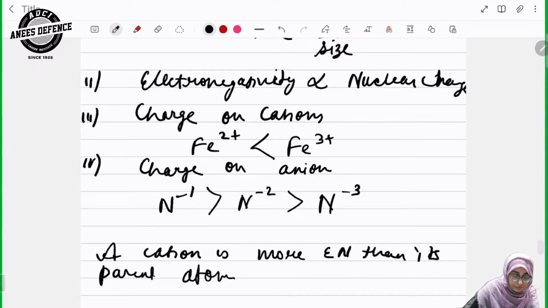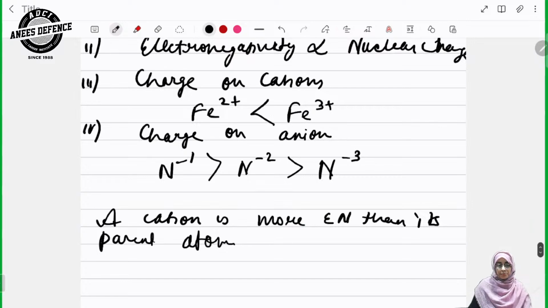Why? Because a cation can attract more electrons. For example, if we take Fe and Fe2+, which is more electronegative? Fe2+. And between Fe2+ and Fe3+, which is more electronegative? Fe3+.